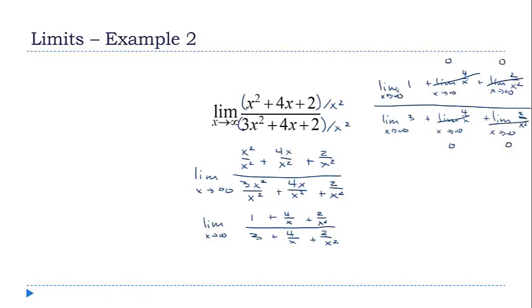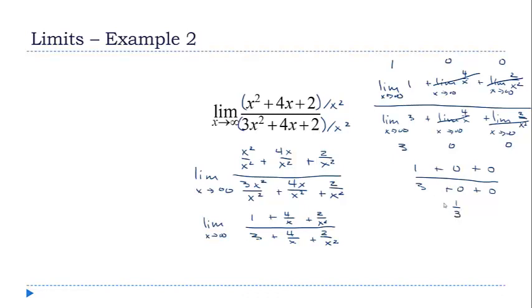And these last limits, now you want to think all the way back a couple lectures back, the limit as x goes to something of a number is just the number. So if we put all of this back together now, the top is 1 plus 0 plus 0, and the bottom is 3 plus 0 plus 0. So the limit is 1/3.